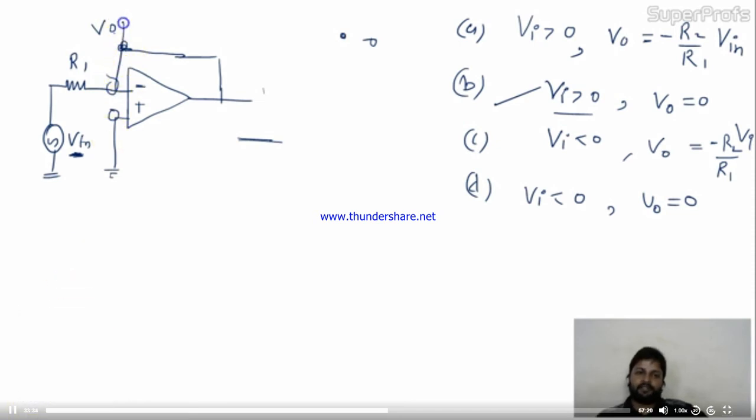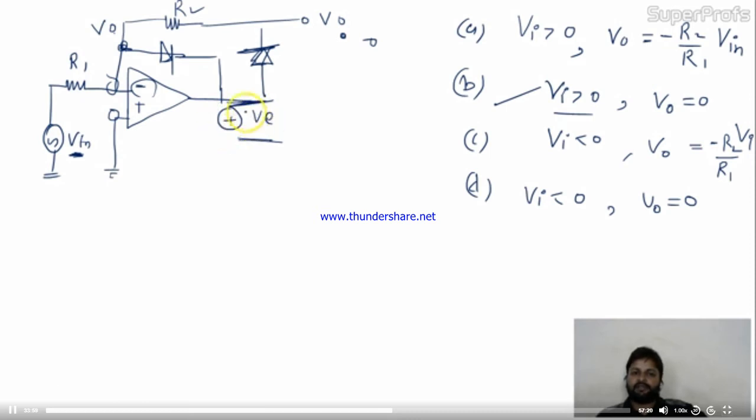So the circuit was here R2, and here I'm taking V0. The diodes are given in these directions. The negative half cycle will invert the input, negative will become plus, so this is positive. Because of this positive, this diode will turn off, so let me remove this diode.